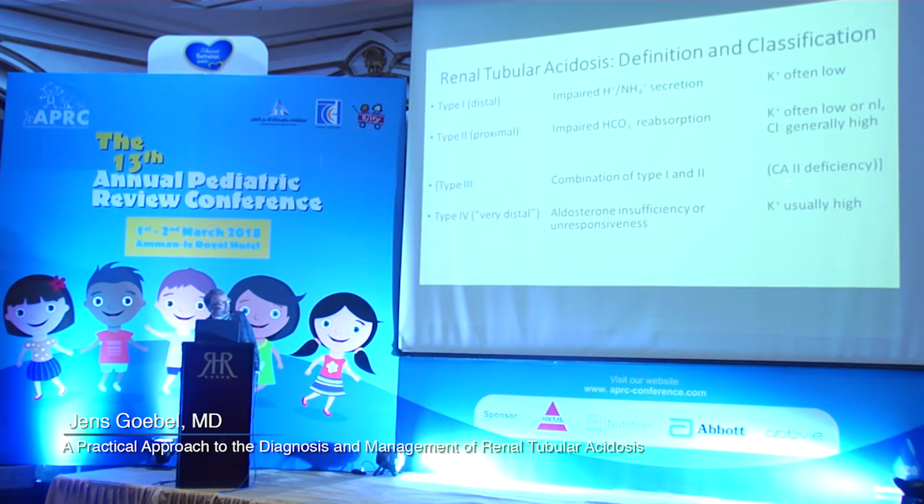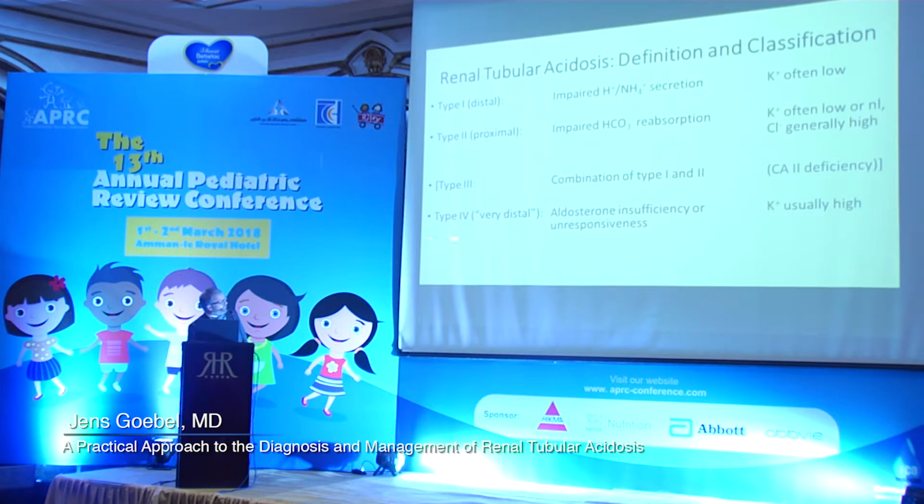So in somebody who doesn't have a working CA2, there can be a picture that looks like a little bit of both type 1 and type 2 RTA, and then you can convince yourself to call that type 3 RTA. But there's really no consensus that that's a real entity across the nephrology community.